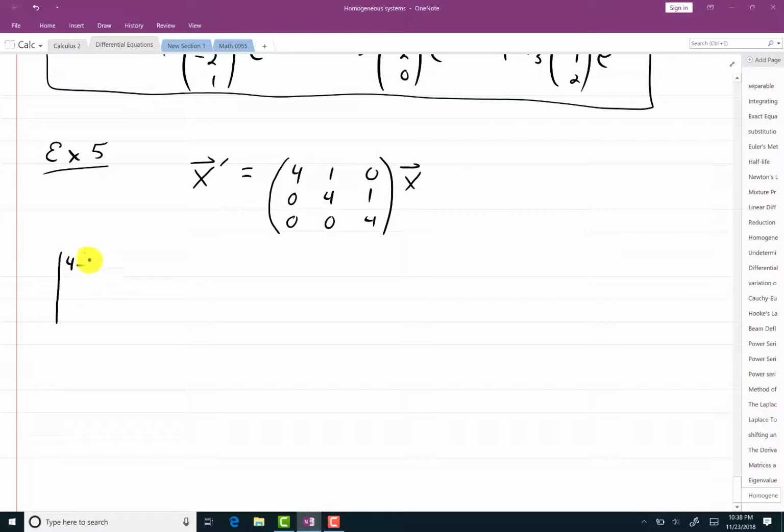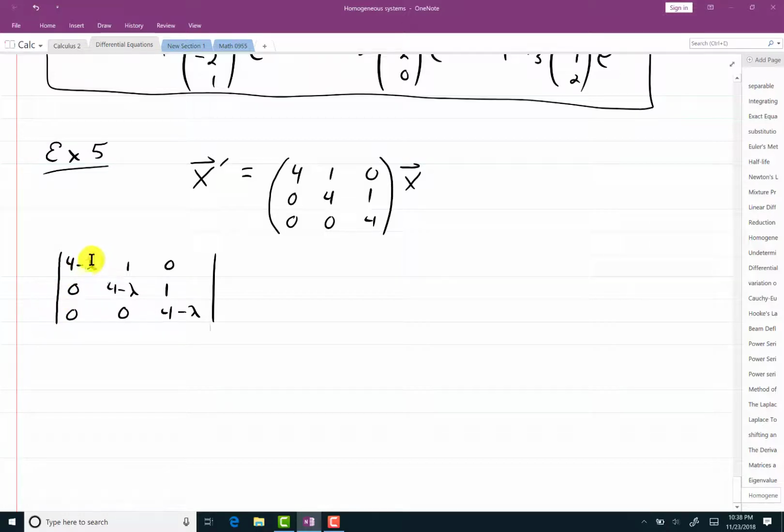So we'll have 4 minus lambda, 1, 0, 0, 4 minus lambda, 1, and then I have 0, 0, 4 minus lambda. And as I've mentioned in the past, you can expand along any row or column that you want. Here, if I go down the first column, I have 2 zero entries.